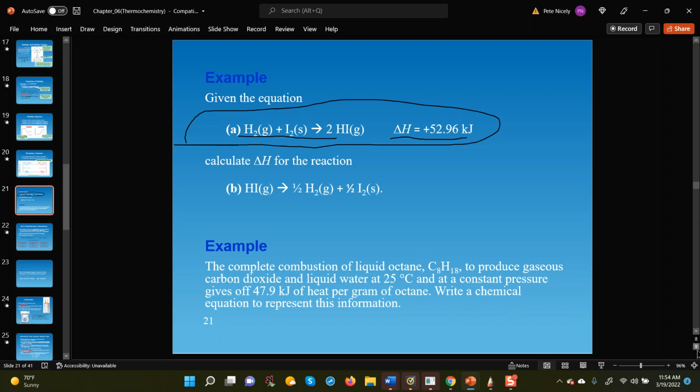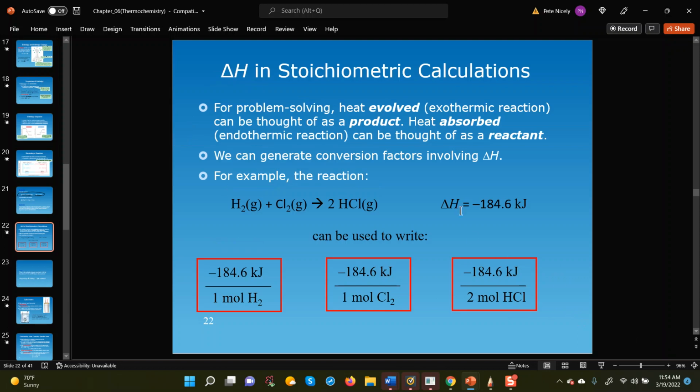All right, what shall we talk about next? Let's talk about delta H in stoichiometric calculations, right? Now, when it comes to solving problems involving enthalpy changes and so on, in some cases, we can conveniently represent the heat change as either reactant or product, depending on whether or not the reaction is exothermic or endothermic.